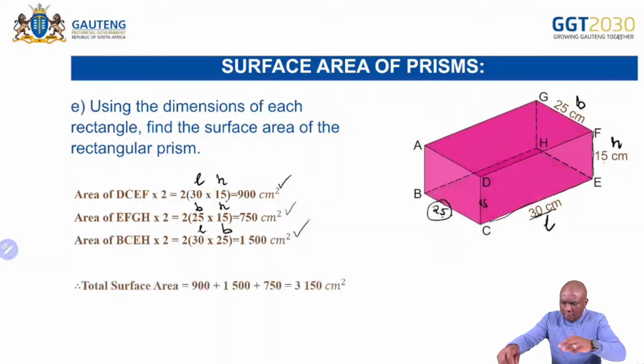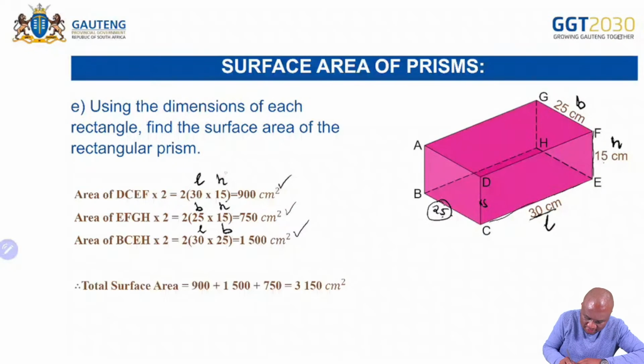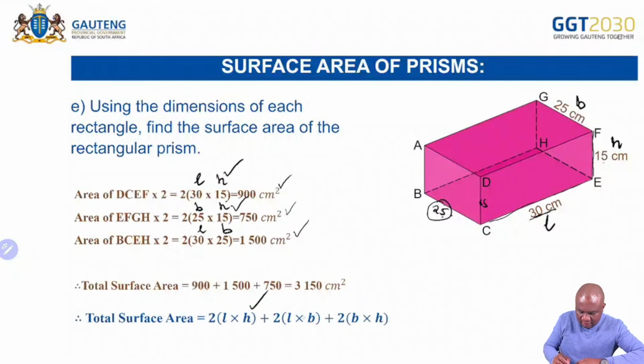Okay, so now, but sometimes in mathematics we make our life easy because we have a formula. So now from this we can come up with our formula. We say 2 times length times height, 2 times breadth times height, which is this. And then 2 times length times breadth, which is this.